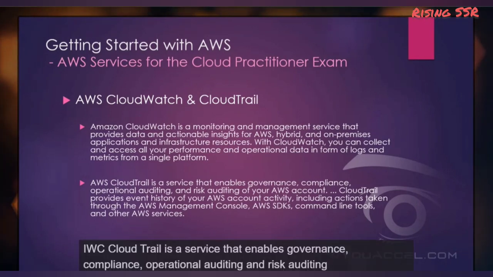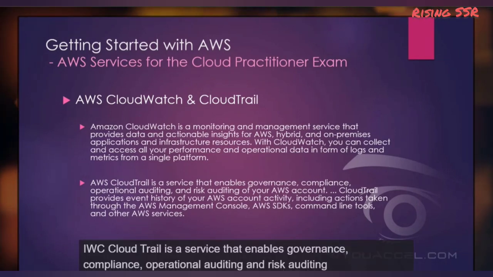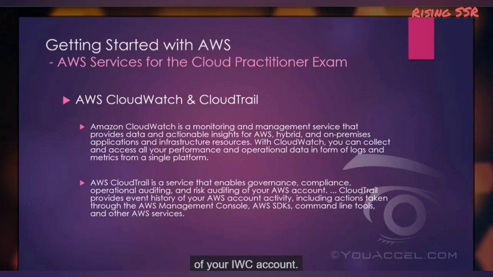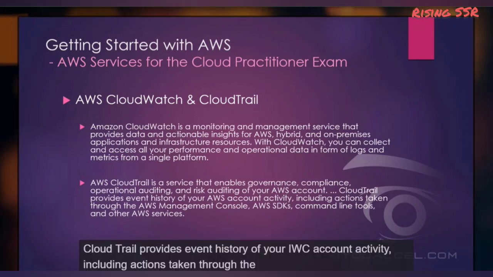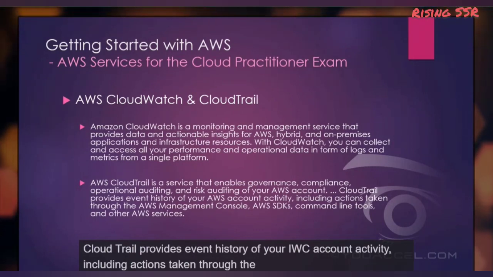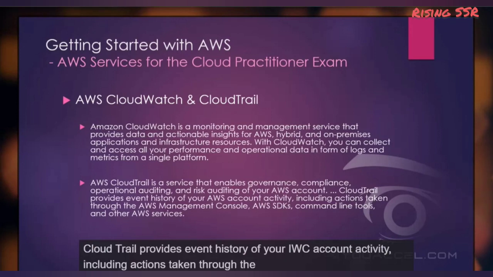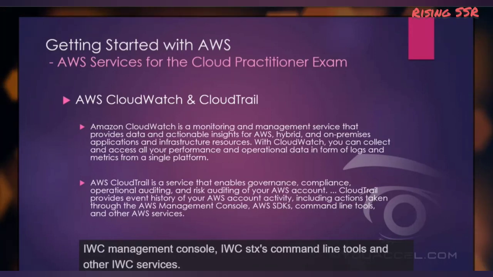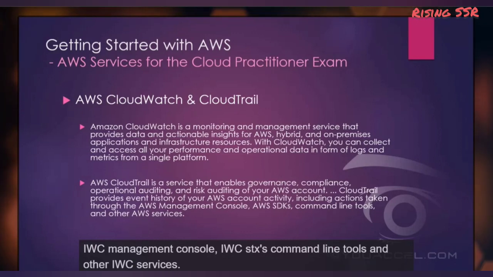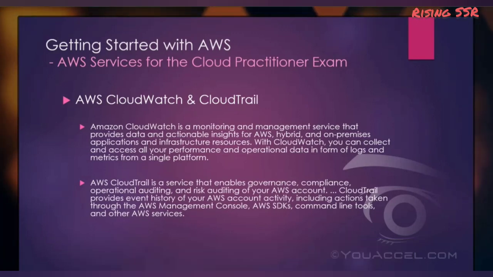AWS CloudTrail is a service that enables governance, compliance, operational auditing, and risk auditing of your AWS account. CloudTrail provides event history of your AWS account activity, including actions taken through the AWS Management Console, AWS SDKs, command line tools, and other AWS services.